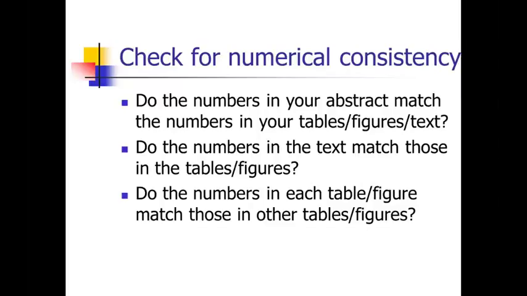I've seen many examples also where the numbers in the text don't match exactly the numbers in the tables and the figures. For example, I was doing a statistical review of a paper just this week, and I got very confused because I read the numbers in the text, and then I went to table 2 where they told me to go, and the authors had basically subtracted column 1 from column 2 to come up with the numbers in the text. They'd just done a subtraction.